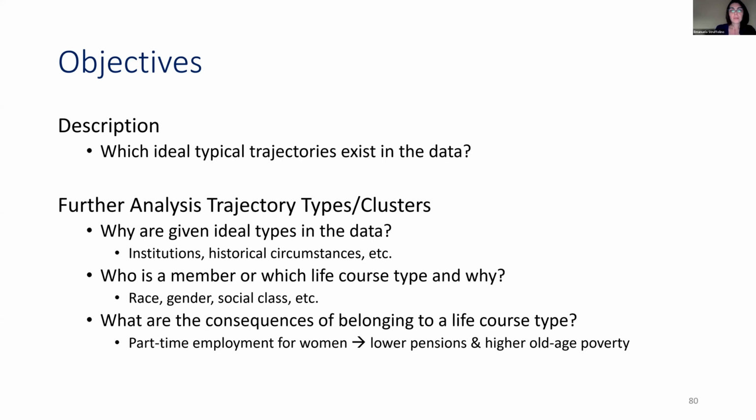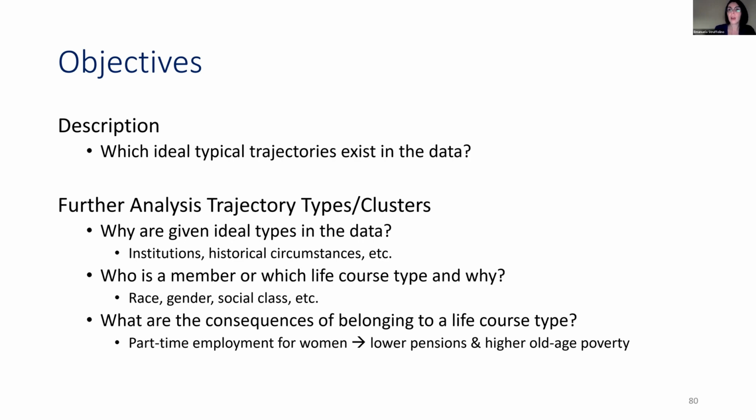So this is also important because we can do things with the typology we extract from the data. For example, we can wonder why given ideal types are in the data. So we can link the different types to different generating institutions, so to different historical circumstances.